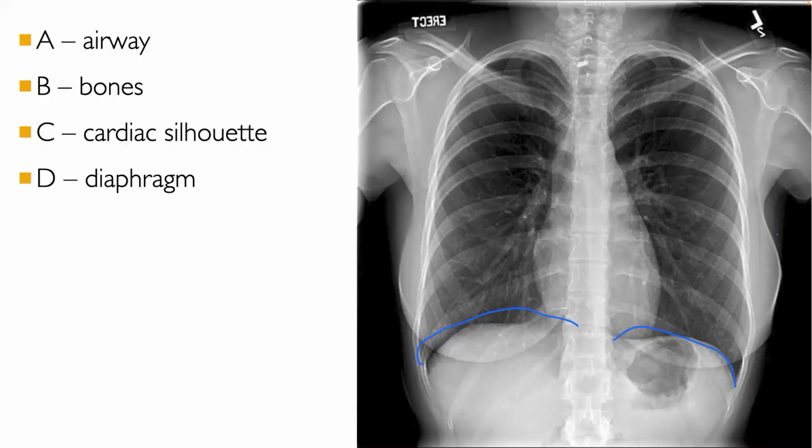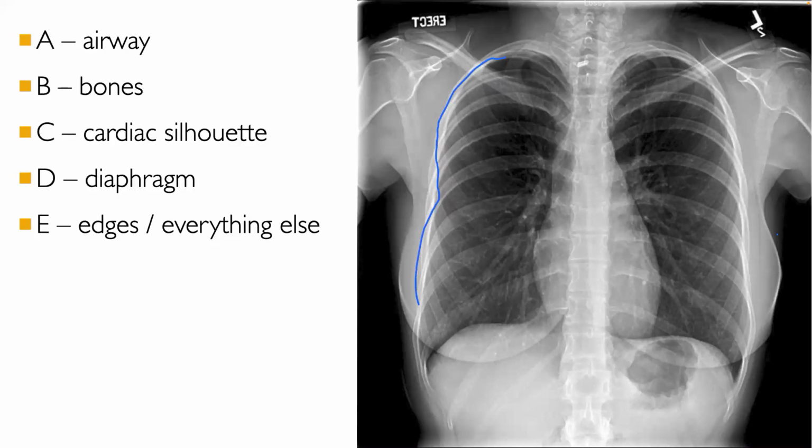Do you actually see the gastric bubble or contents coming above the diaphragm? Edges. Don't forget about the edges. Go all the way down into the bottom little fields. Edges there. And then everything else.